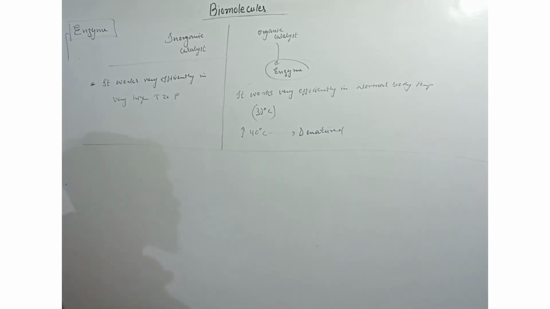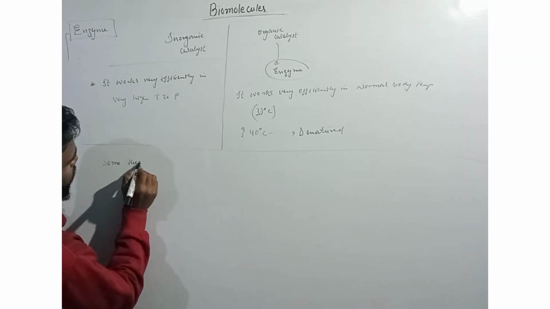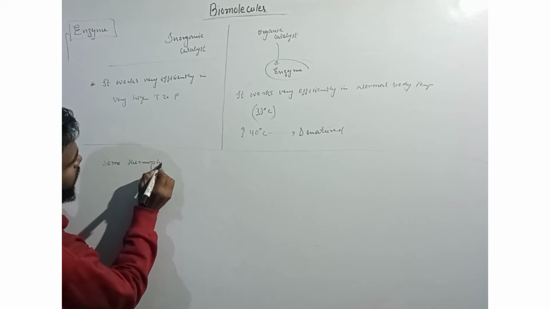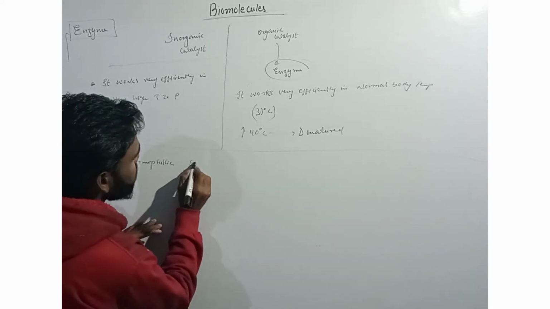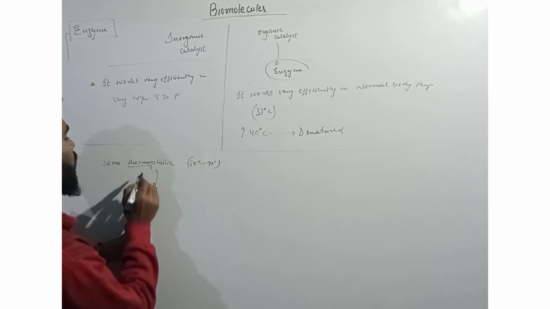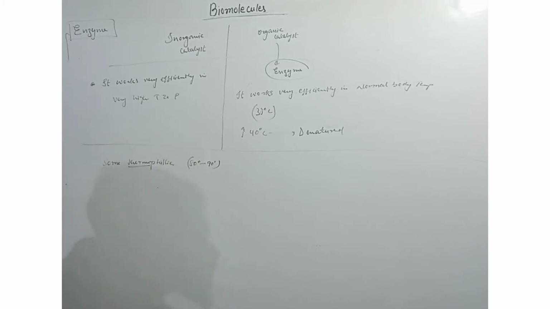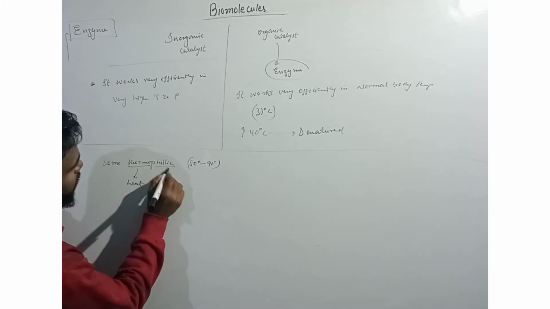But some thermophilic organisms can resist more than 80 to 90 degrees Celsius easily. As the name indicates, thermo means heat and philic means loving.